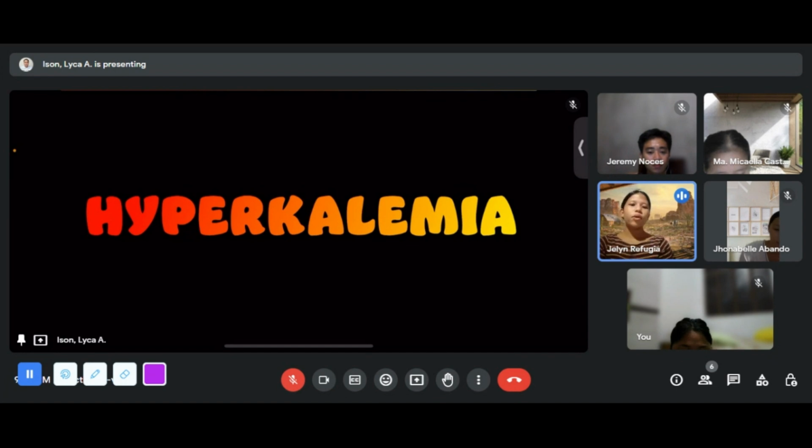So it also helps in building muscles and it supports normal body growth. Kaya importante ang potassium hindi lang sa mga matatanda kundi pati na rin sa mga babies. So yun nga, gaya ng sinabi ko kanina, potassium imbalance can lead into various health problems such as hyperkalemia and hypokalemia. So now let's discuss the hyperkalemia.